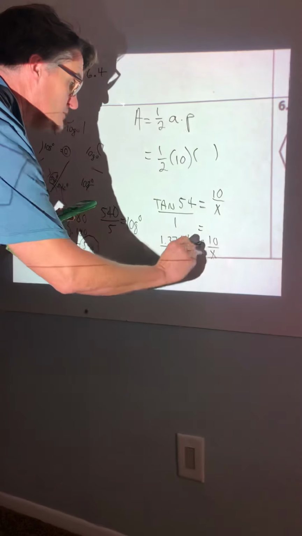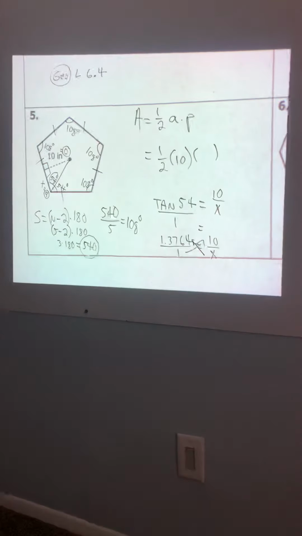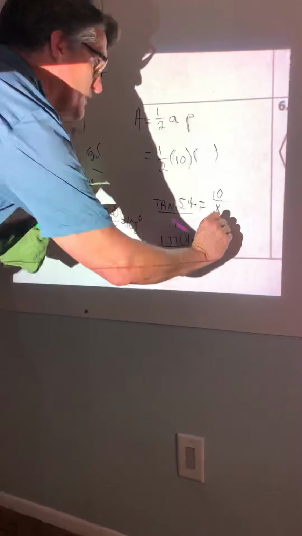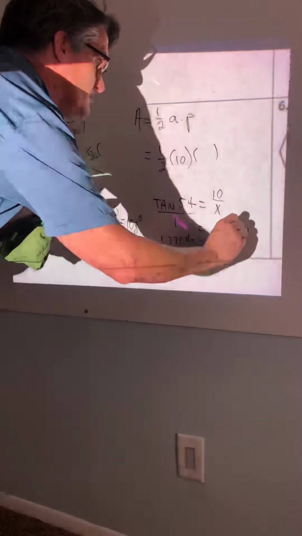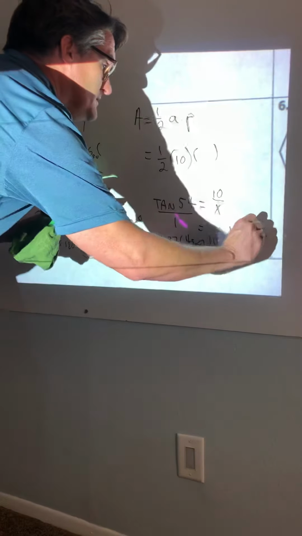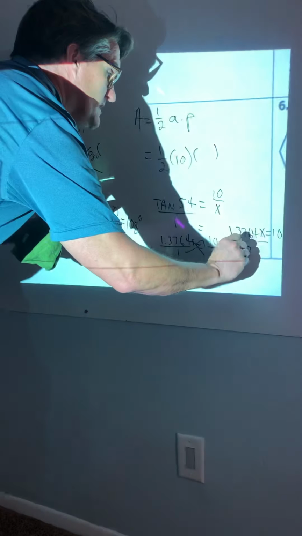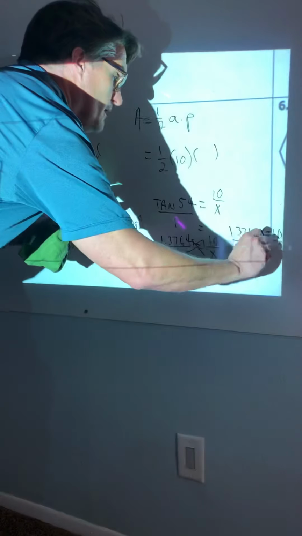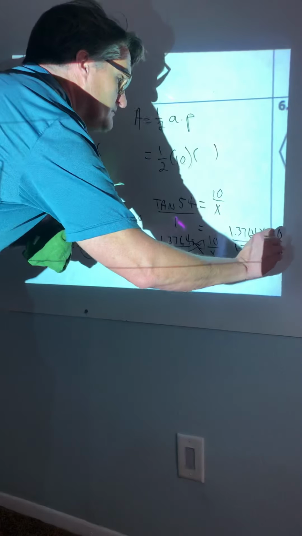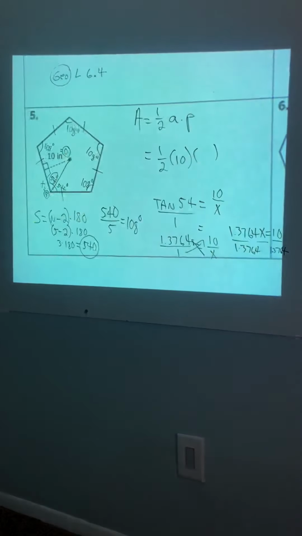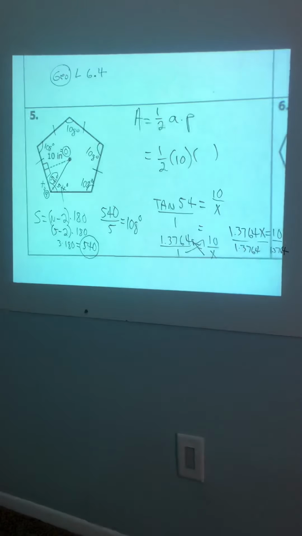I'm going to cross multiply. When I cross multiply, I get this crazy equation, 1.3764x equals 10. I'm going to divide by 1.3764. 10 divided by 1.3764 gives me 7.3.